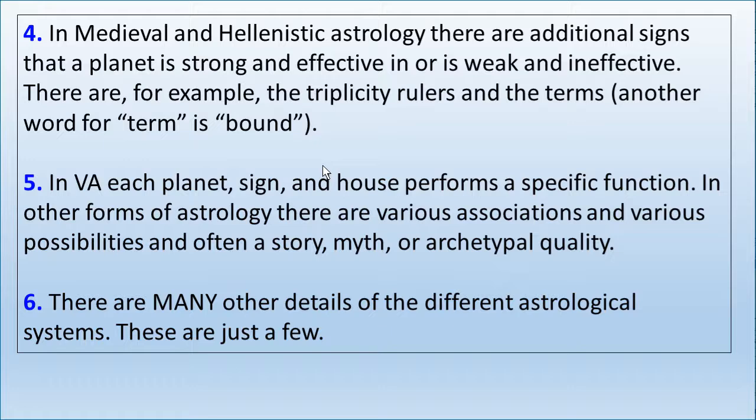We will not be talking about the sign it's in in terms of ruling or being in fall or detriment or any of those things. And we will be using particular orbs.